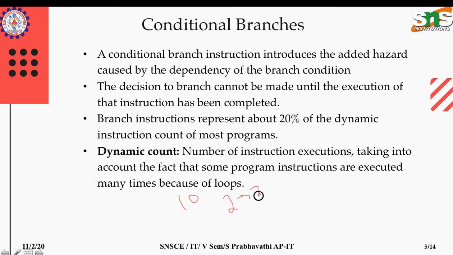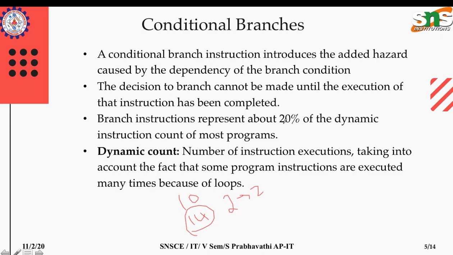Then totally not 10 lines, 14 lines have to be executed, is it not? 14 instructions have to be executed. So that we are saying as a dynamic count. Okay, so at runtime, the number of instruction executions gets varied. So taking into account this number, 20% of programs may fall into branch instructions.